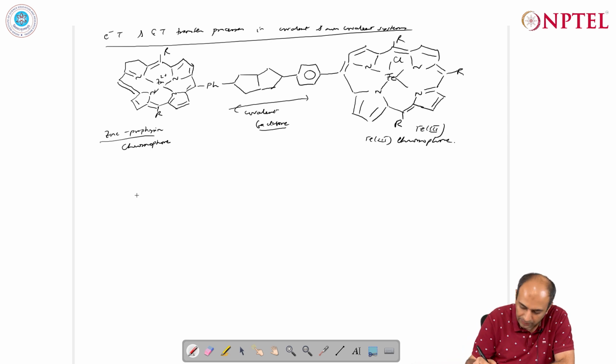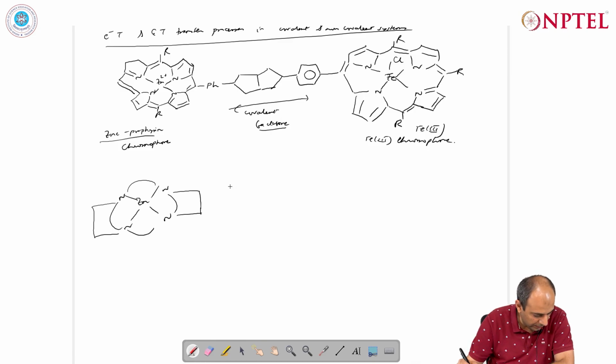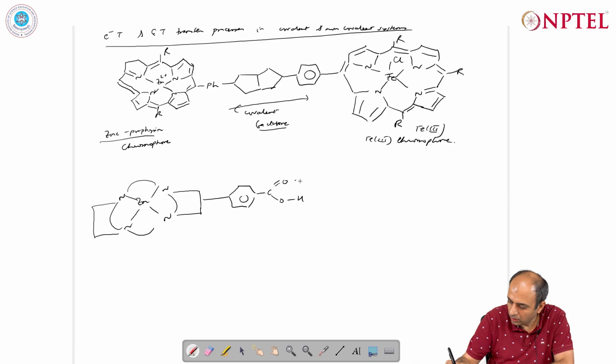and we can compare the same system now. I am not drawing it again. We can see this particular arrangement where it is connected via a non-covalent backbone.